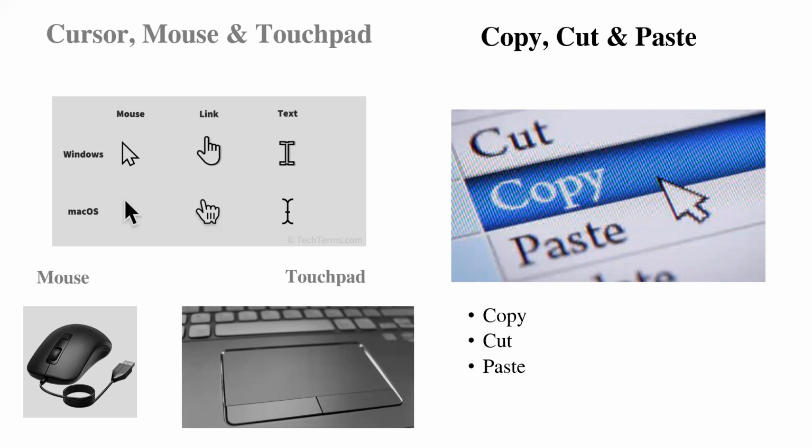Copy is when you want to duplicate a file. Cut is when you want to move a file. Paste is when you want to drop a file. So have this at the back of your mind. When you hear copy, it is duplicating; when you hear cut, it is moving; and when you hear paste, it is dropping. When you understand this, we can move.